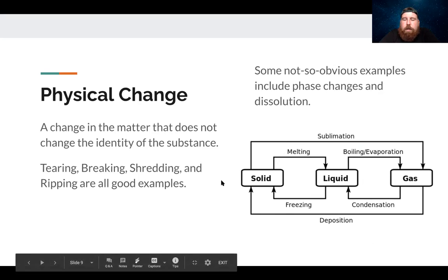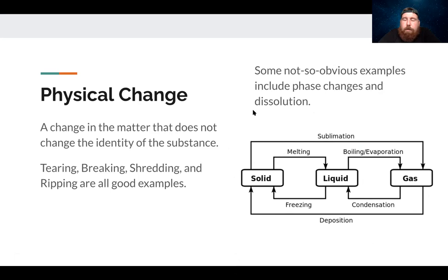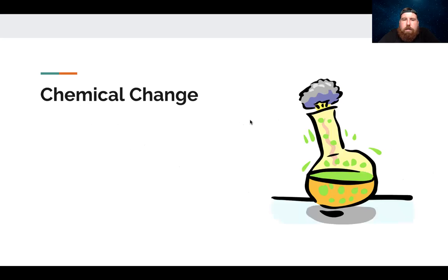And they are all examples of physical change. Another example of a physical change is dissolution or dissolving. So if I take salt and dissolve it into water, that is changing the matter, but it's not changing the identity of the matter. So that is just going to be a physical process.